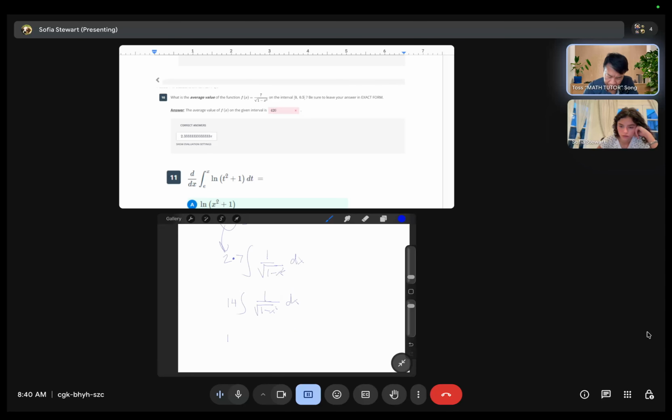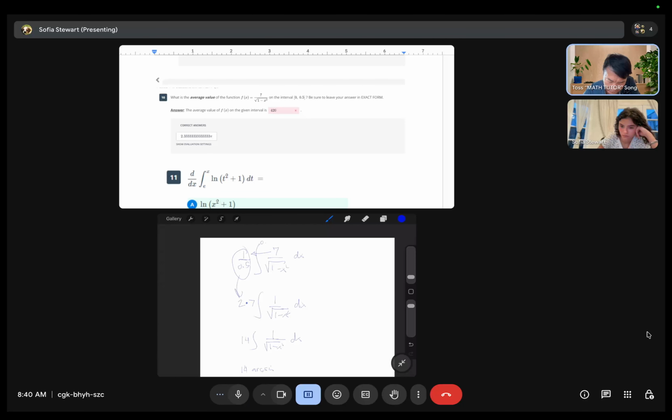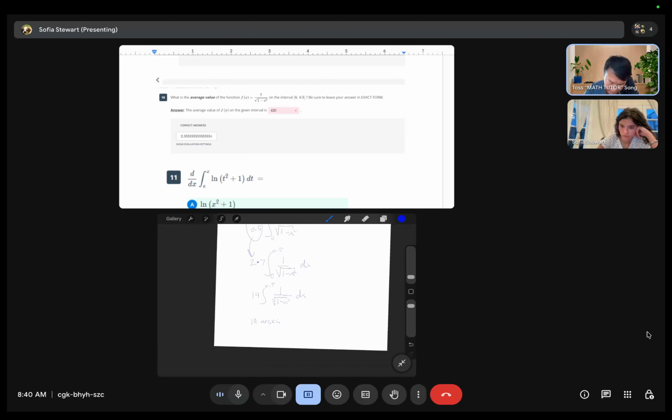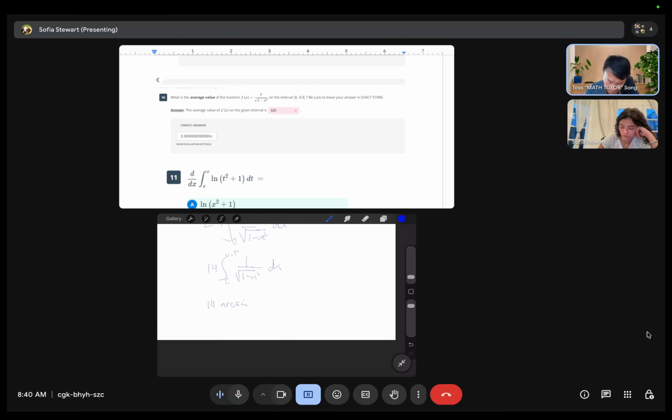So it's going to be 14 arc sine, or sine inverse if you want. Oh, I forgot to put the upper and lower limit from the beginning. 0.5 and 0. So we're going to do this between 0.5 and 0.